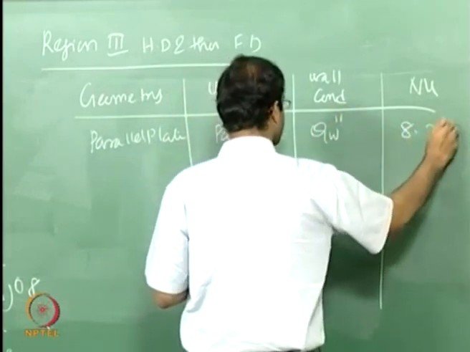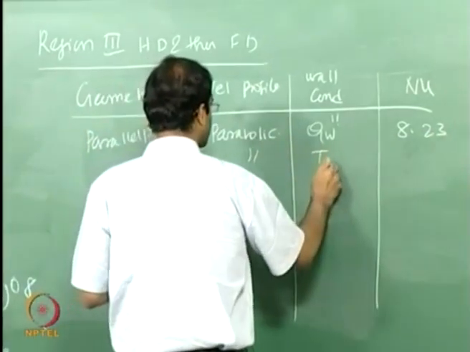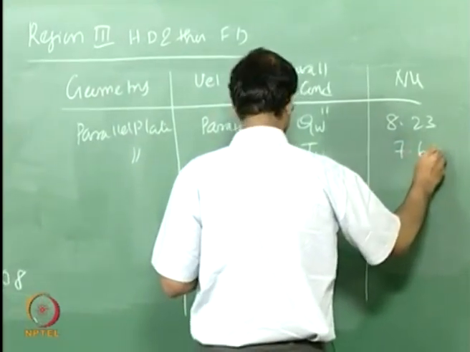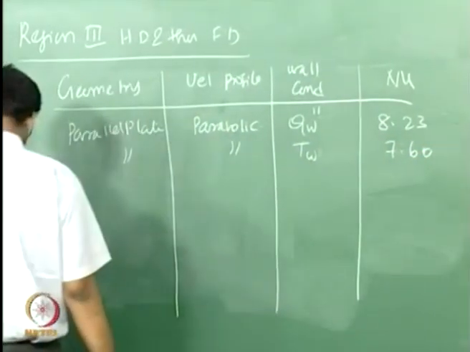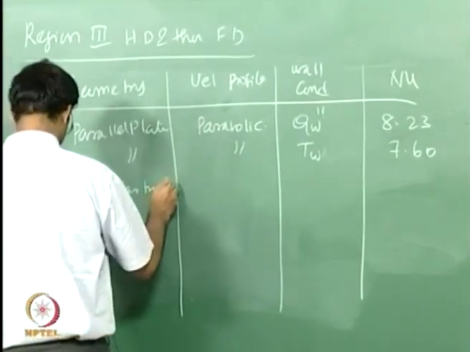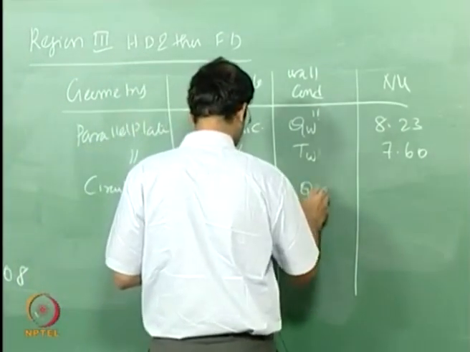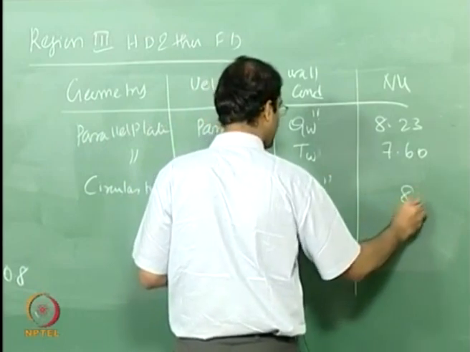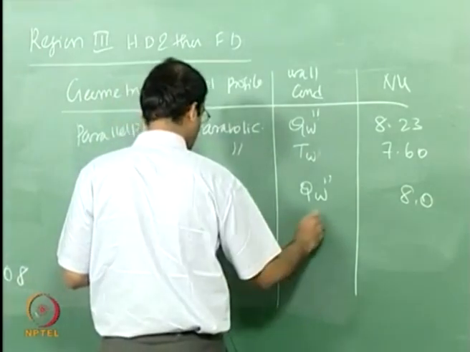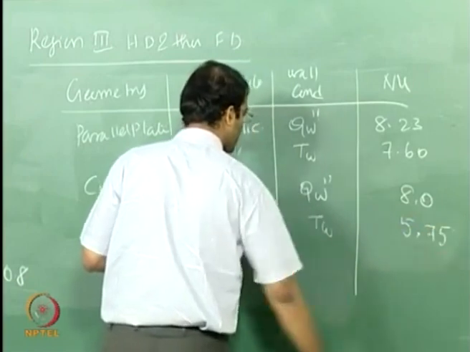The value is 8.23. Parallel plate, parabolic, and T wall is constant, 7.60. Next, circular tube, slug flow, and Q wall, that is 8.0. Circular tube, slug flow, T wall, that is 5.75.